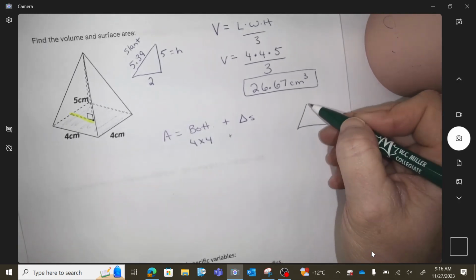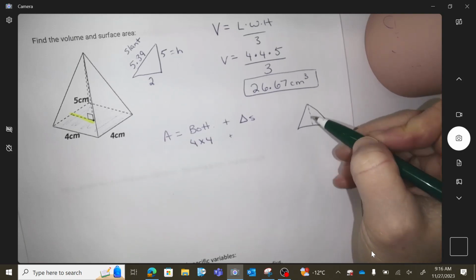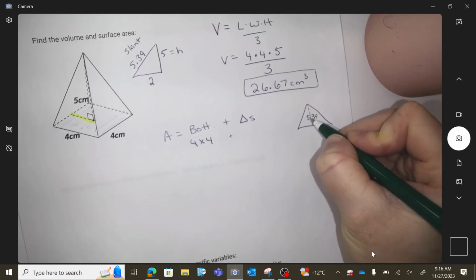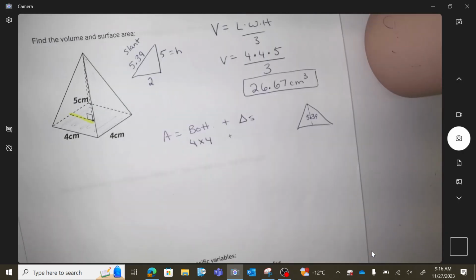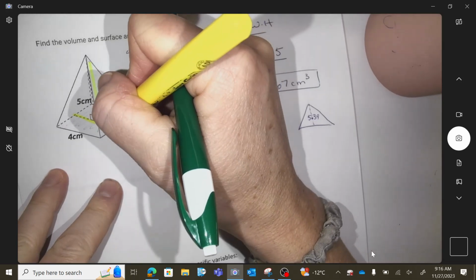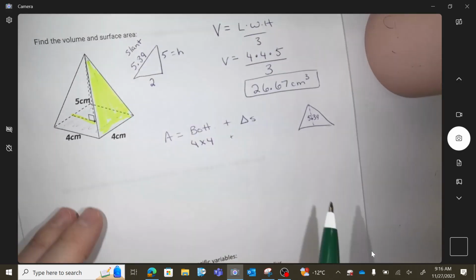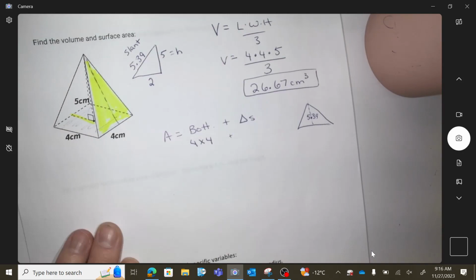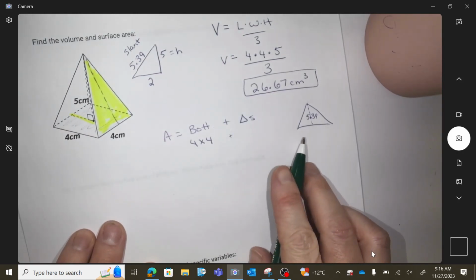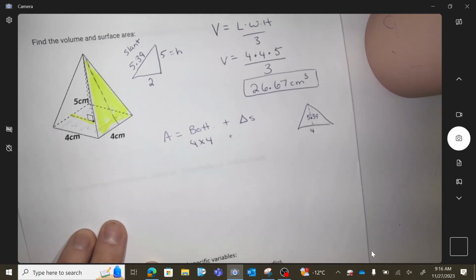Okay, now I really need you to visualize something, looking at the side of the pyramid. If you could look at the side of that, do you see that the height of that triangle is 5.39 and the base is 4?